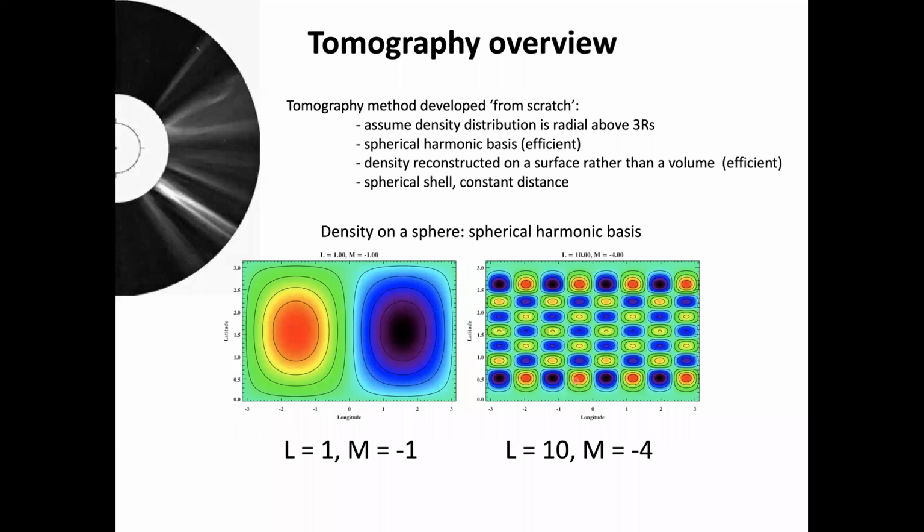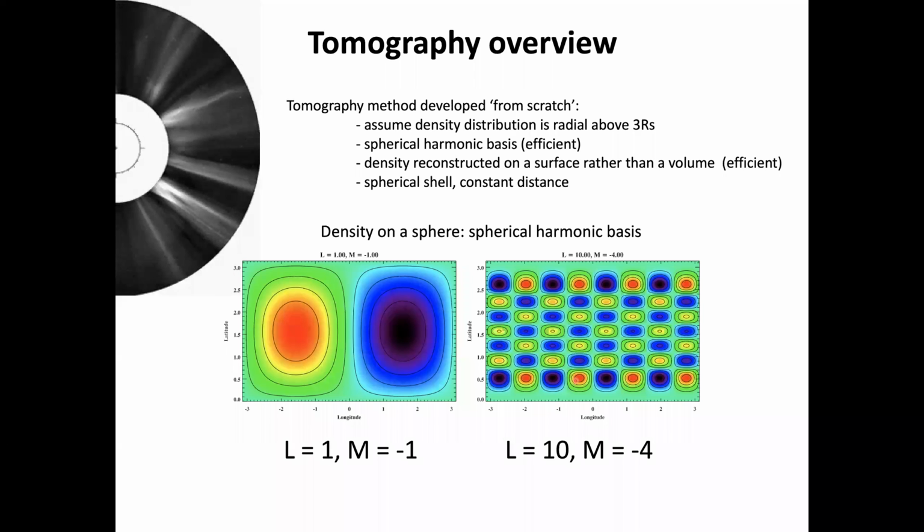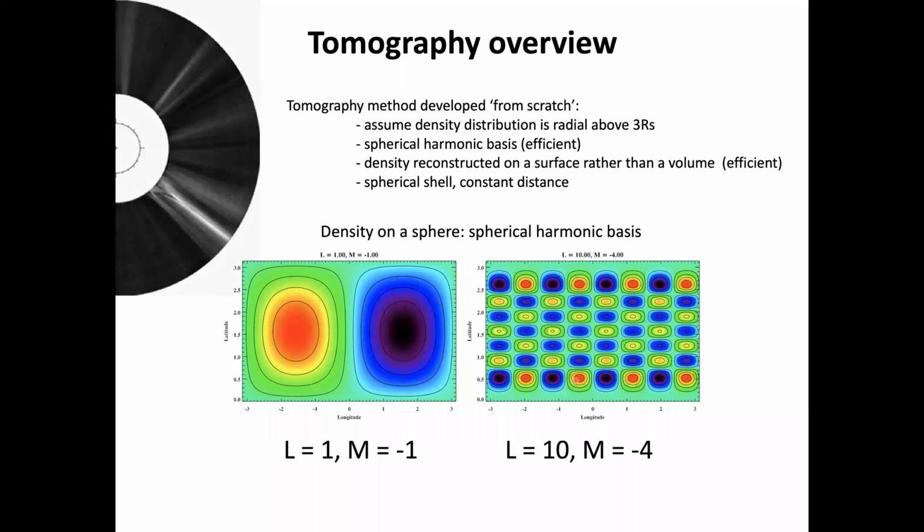And we use a spherical harmonic basis for the density, which is a very efficient approach. So for example, on our spherical shell, say at 4 solar radii from the sun, we construct spherical harmonic based densities at different orders.